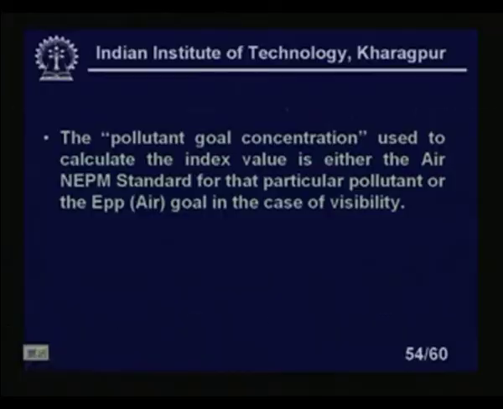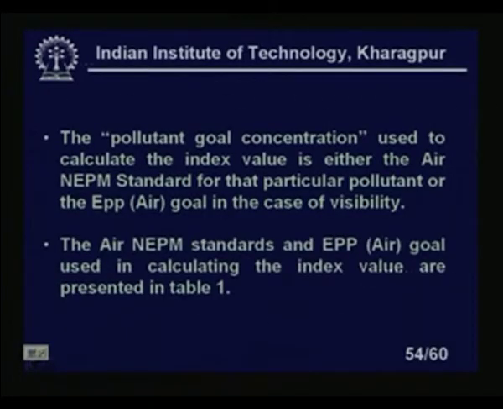So what is the goal? What should the visibility be, whether 10 kilometers or 20 kilometers, that we must know. This also gives you a standard for a particular country. So let us look at that. The AAQ NEPM standards and EPP goal used in calculating the index values are presented in table 1.